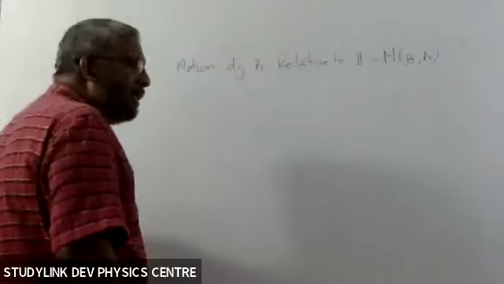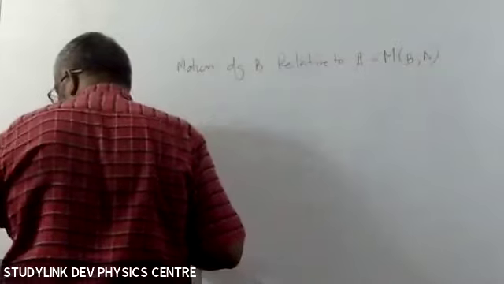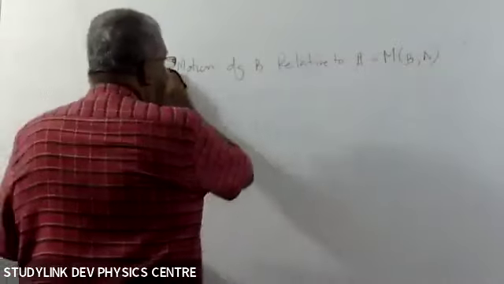Now we'll consider A and B are two objects moving relative to the Earth.